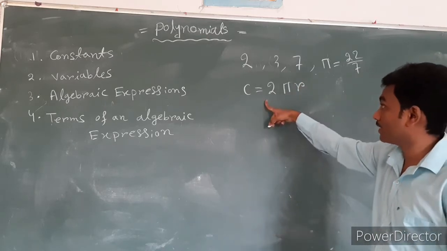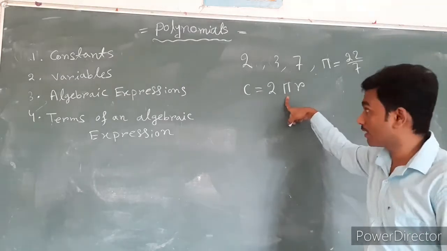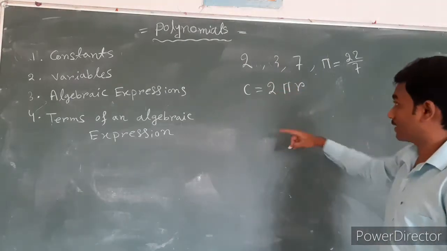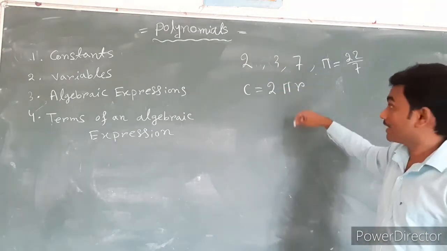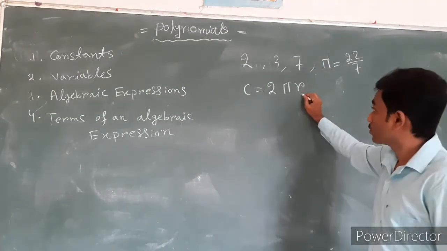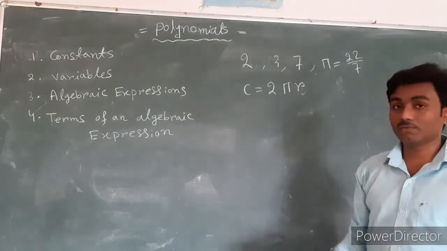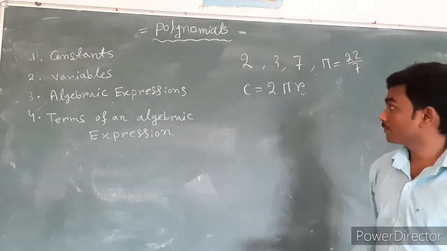In this expression, the symbol 2 has a fixed value, pi also has a fixed value. So 2 and pi are constant, but in a circle, different circles have different radius. So radius takes different values. So r is a variable.